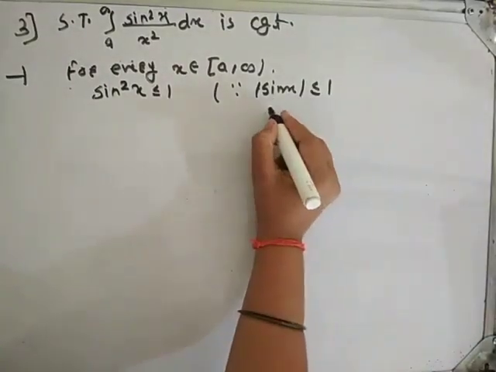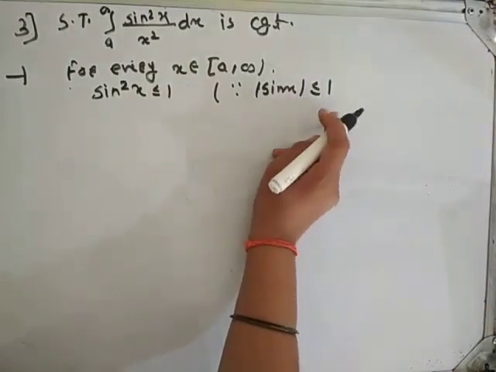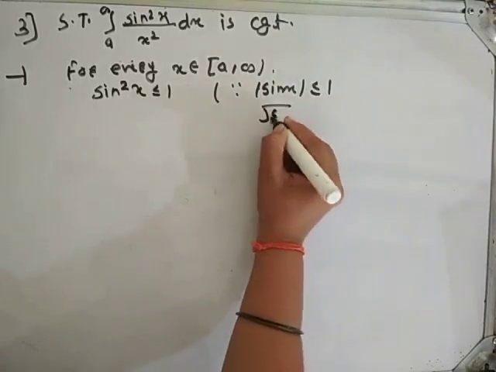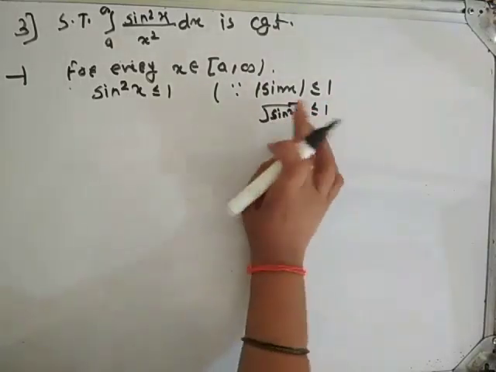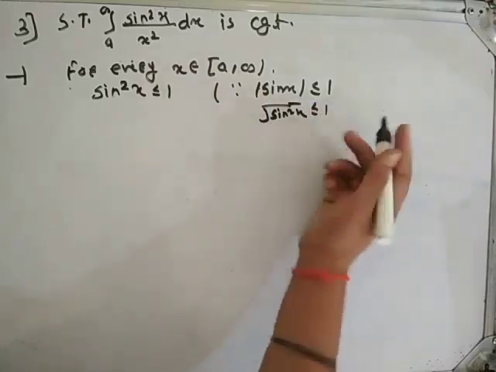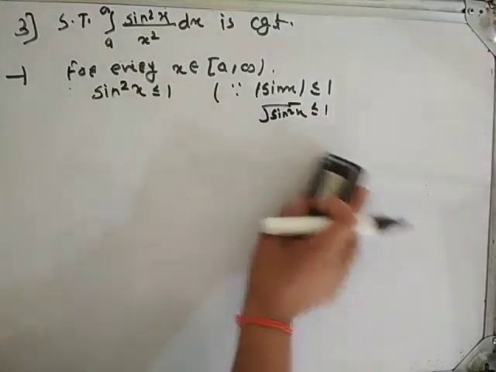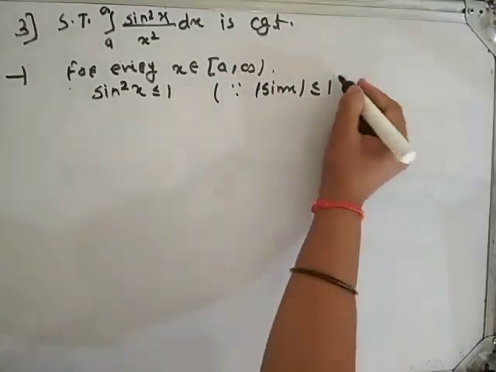If we square on both sides, what will we get? Mod means root of sin square x, so root of sin square x is less than or equal to 1. Squaring on both sides, the square and square root cancel. It remains only sin square x is less than or equal to 1.